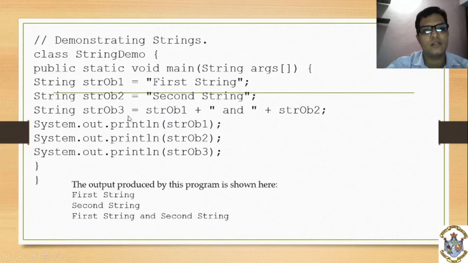We are declaring strOb3 as a variable of type string, and you are concatenating strOb1 plus within double quotation a space, and plus strOb2, that is the second string. If I display strOb1, I get first string. If I display strOb2, it displays the second string. And if I display strOb3, it displays the first string and second string.